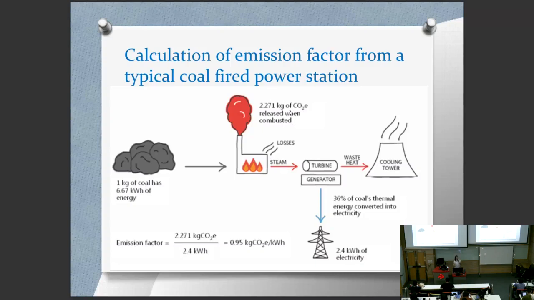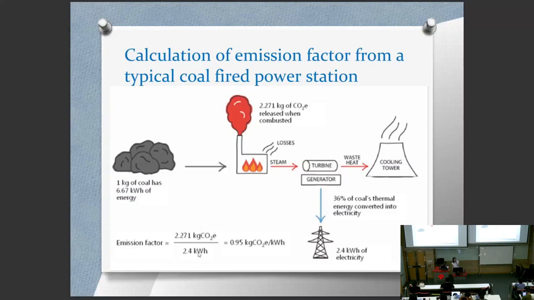So for calculating the emissions factor, here 2.271 kg of carbon dioxide equivalent, and this amount of carbon dioxide and greenhouse gas will be released for every 2.4 kilowatt hour of electricity being generated.